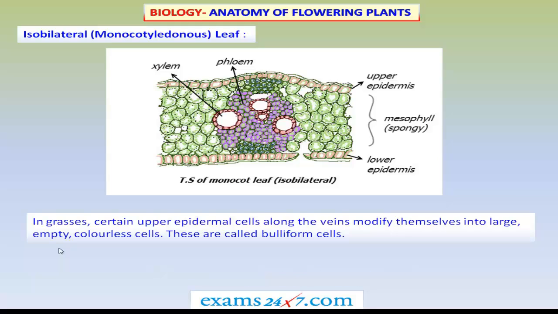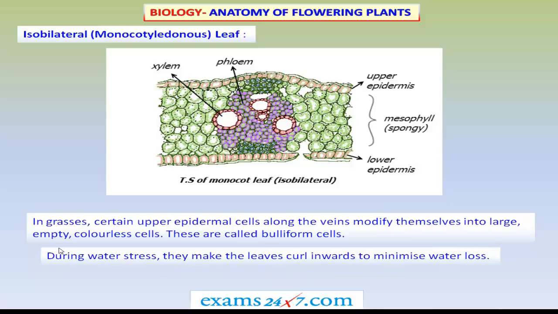Whenever there is stress of water, these bulliform cells make the leaves curl inwards so that the loss of water due to transpiration is minimized.